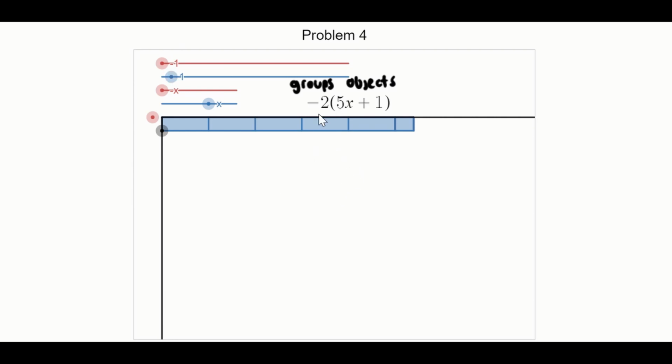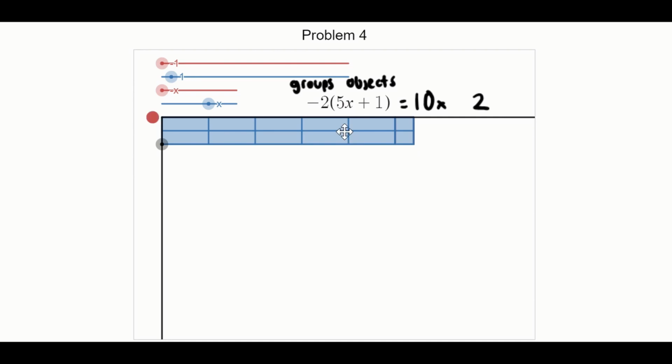And now let's make 2 of these groups. If I made 2 of these groups, notice that I have a total of 10 x's, and I have 2 squares. But I don't want to make 2 groups, I want to make negative 2 groups. The way I like to think of negative is as the opposite. So I want the opposite of all these tiles.